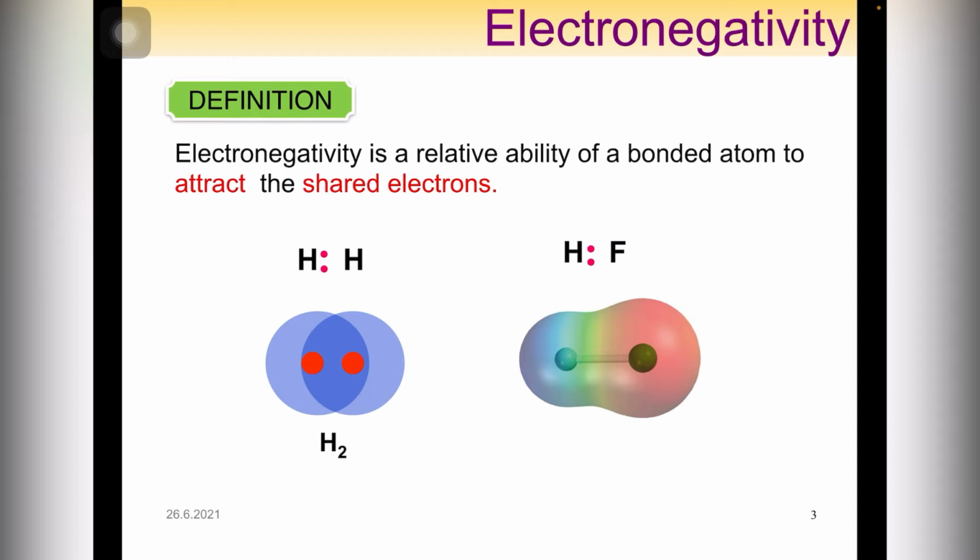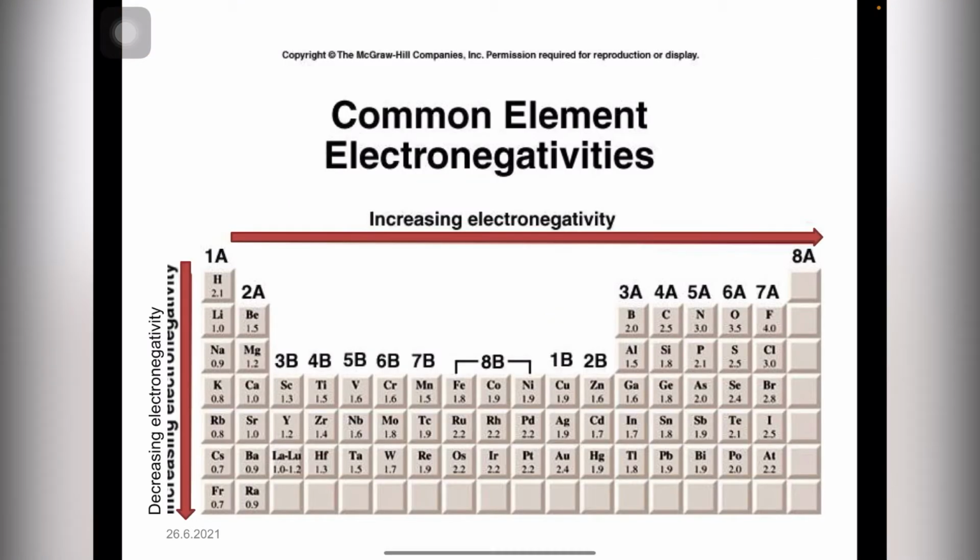From this electron cloud, you can see that the electron cloud for the fluorine has more electrons, so the bonded electron or the shared electron between hydrogen and fluorine will be more attracted to the fluorine. So H2 is a non-polar covalent bond and HF is a polar covalent bond.